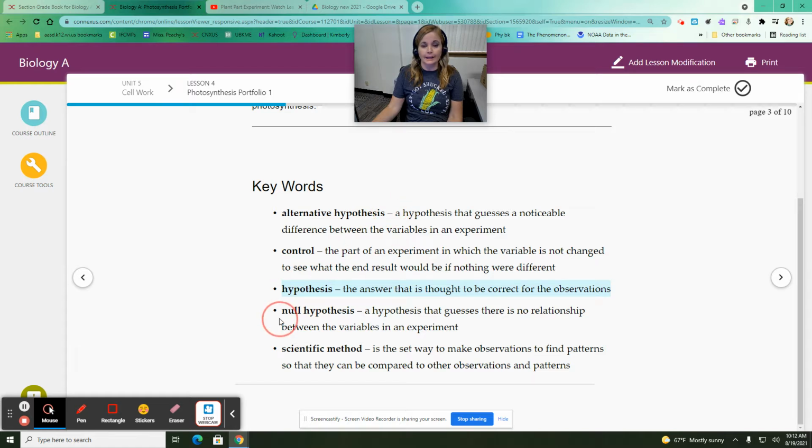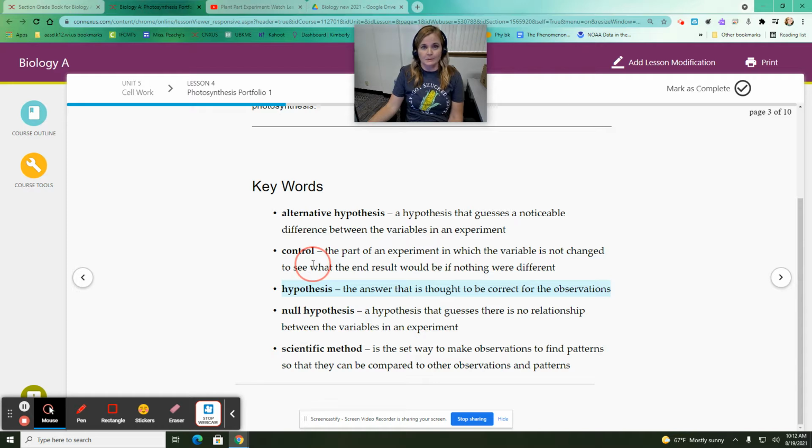Or if you find that what you've done is completely off base, that there's absolutely no relationship between the variables you're testing and the results that you're seeing, you can state that your hypothesis is a null hypothesis. This means that this hypothesis was completely wrong. It's not even something you want to revise, it's just completely wrong.